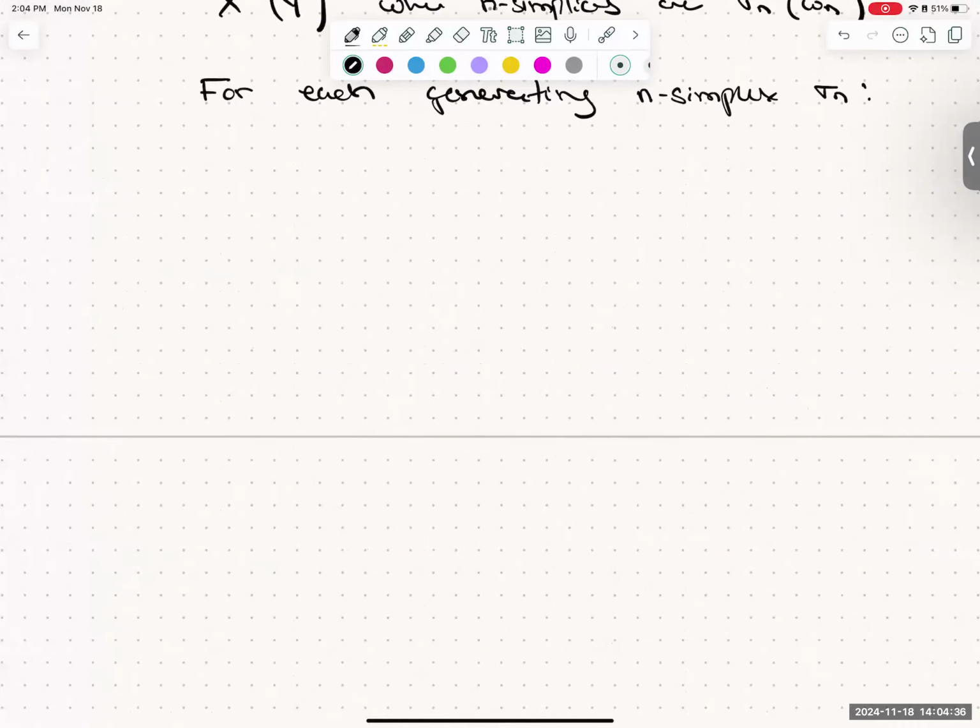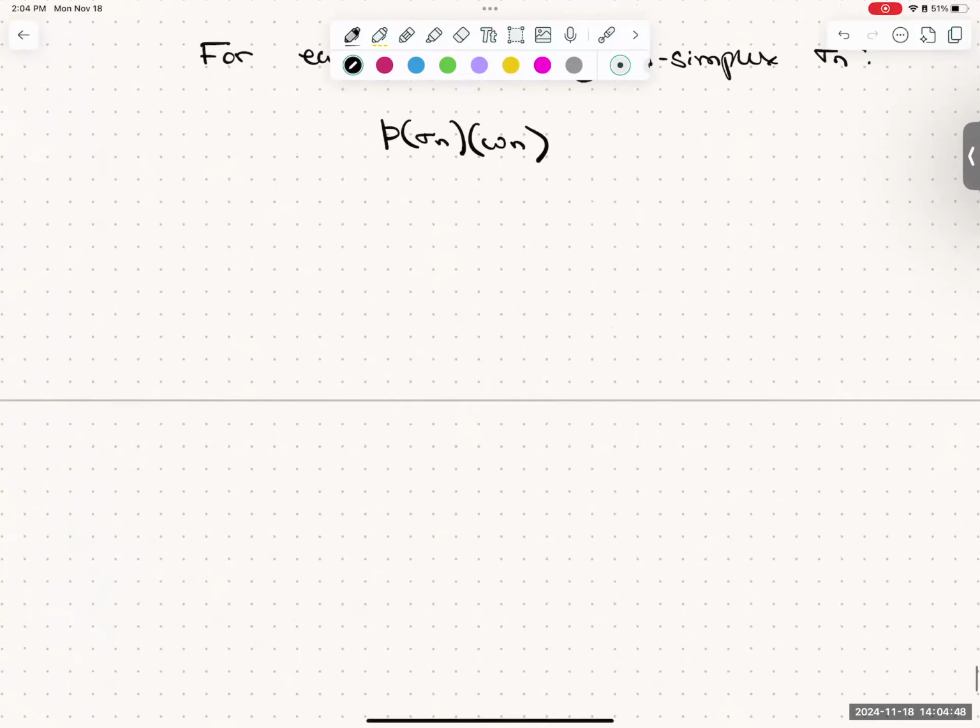For each generating n simplex, we have the following: P of sigma n, omega n. So this is just each probability that occurs. In some sense, we're choosing a natural set of coordinates. The dimension of the ambient space that we're going to embed this polytope in is going to be, in quotes, the total number of probabilities on the generating simplices.